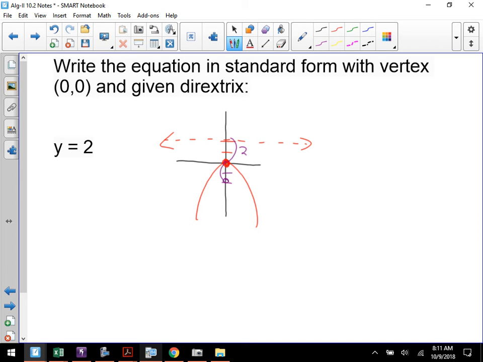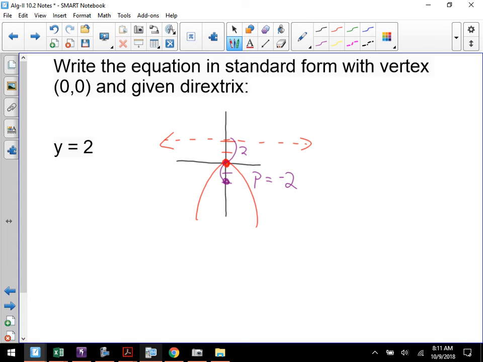Now that means, what's your p-value? -2, very good. Remember, the p-value is the distance from the vertex to the focus. Even though they gave us a directrix which was positive, the opposite has to be the focus. So our p-value is -2.